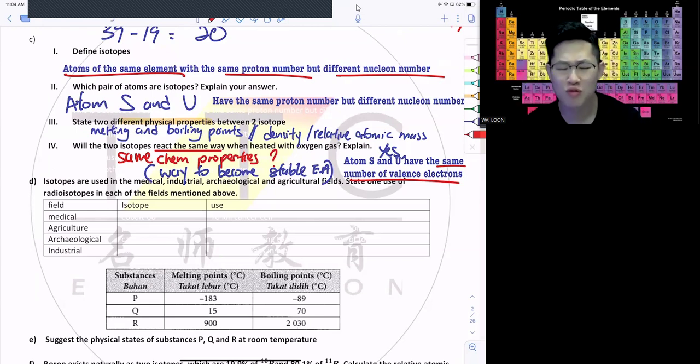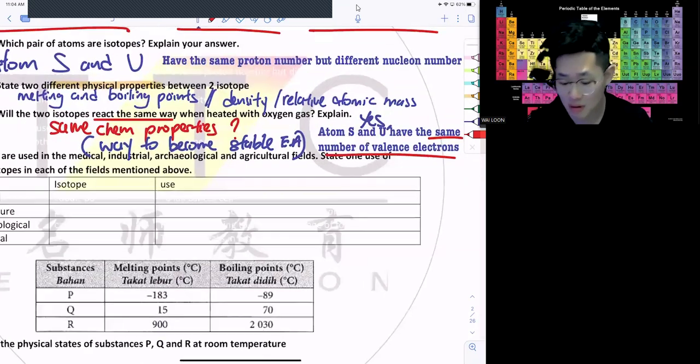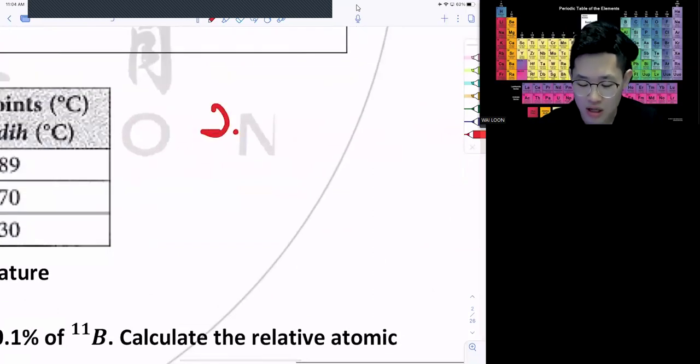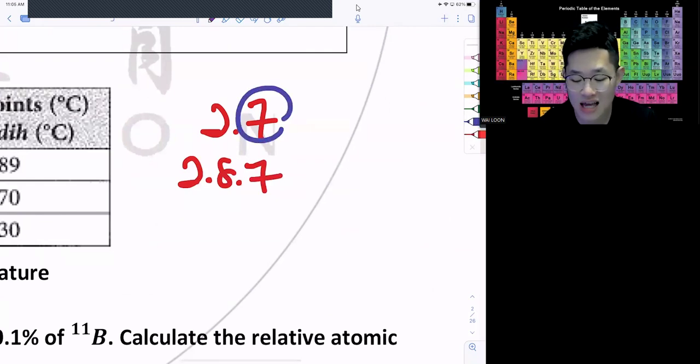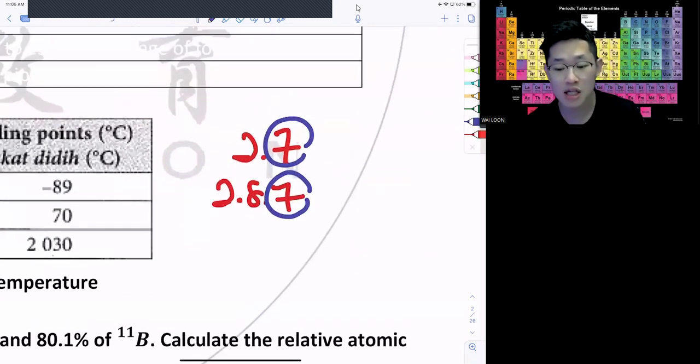So why do we have to mention valence electron when we talk about reactivity? The way they react, and chemical properties. So imagine we are having 27 and 287. These two also have the same chemical properties. That means they use the same way to become stable. So how can an atom become stable?